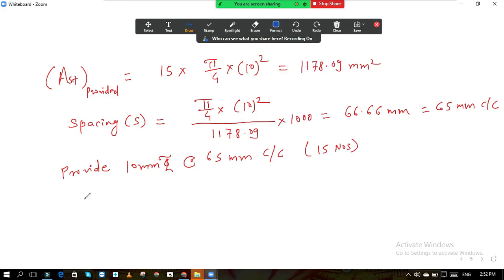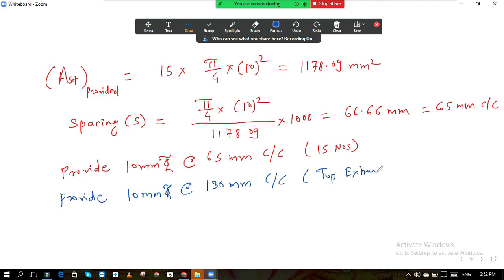Similarly, what we will do is provide half of these bars as extra bars at the top. So provide 10 mm bar at, instead of 65, I will write here 130 mm center to center, and these are the top extra bars.